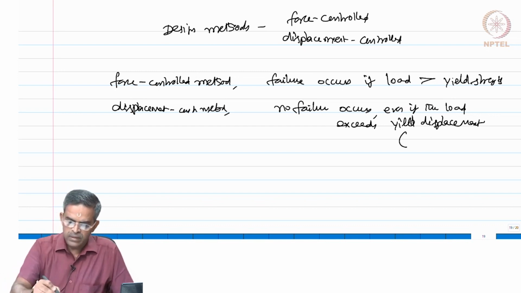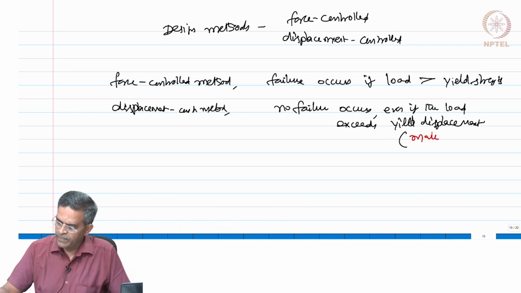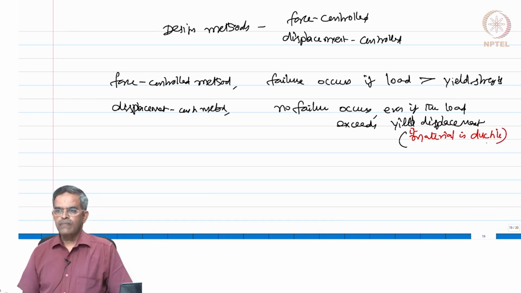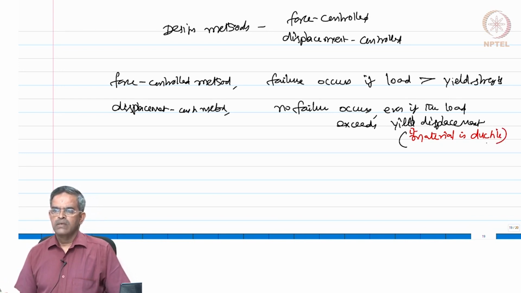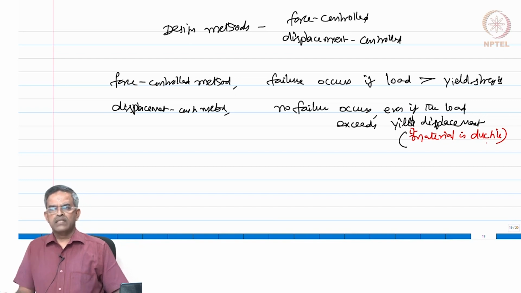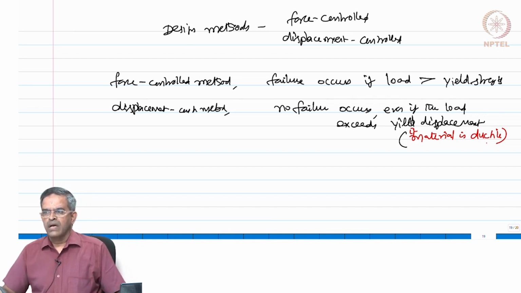Provided the material is ductile, however, damage occurs in excessive yielding and will cause permanent deformation.